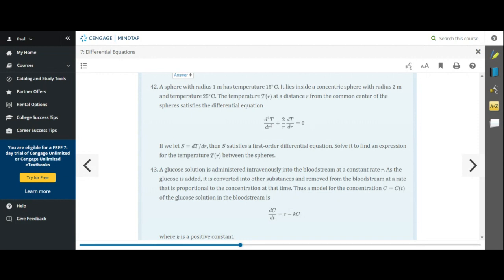Okay, so let's go ahead and look at the solution. Here's that second order differential equation. We're letting S be dT/dr.